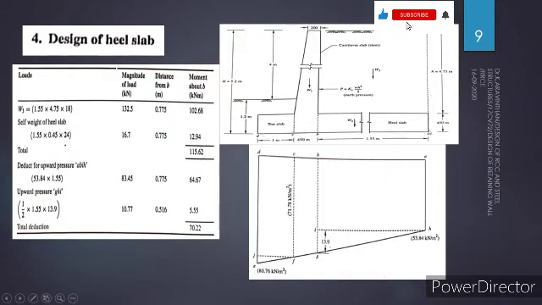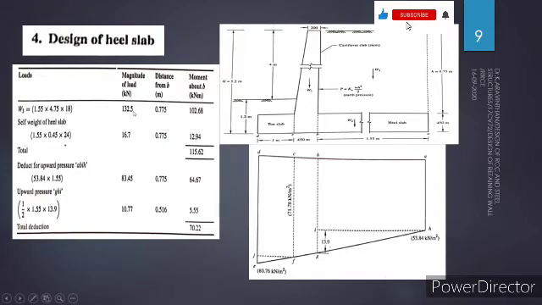The breadth and depth is 0.45, into the unit weight of concrete. If you multiply that, you will get 16.7. And another force which is acting on the heel slab part is the soil force, which is 1.55 into 4.75 into 18, which gives 132.5.